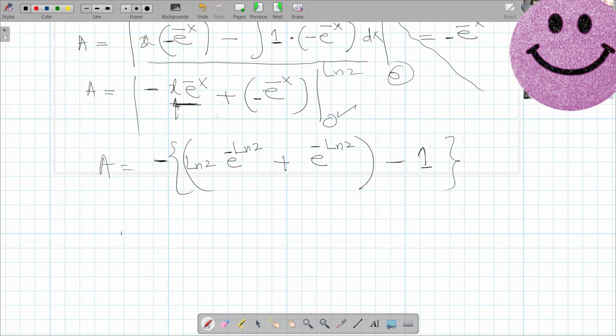You just need to simplify this, and that's it. What is e to the power negative ln 2?